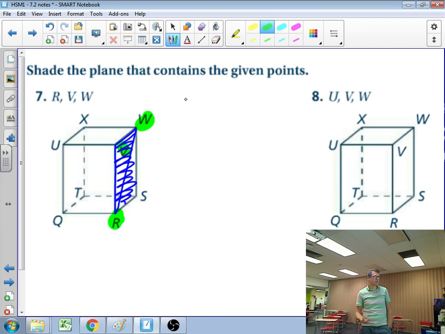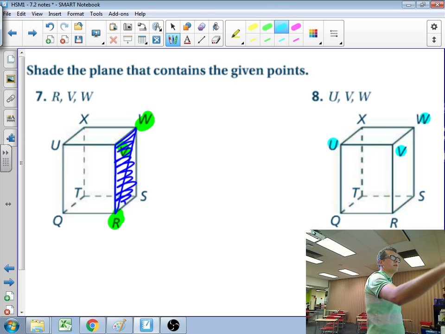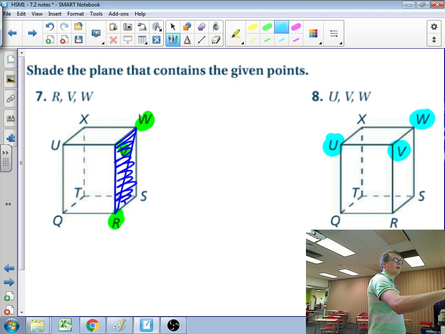We could call it either the front or the right side, depending on what you want to call it. And then UVW, I see all of these are on the top of the shape, so I can just use the plane that is the top of that prism.